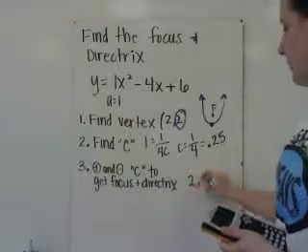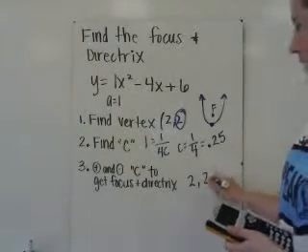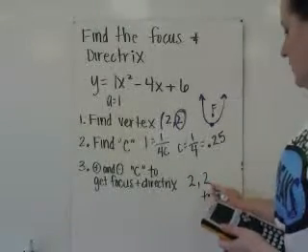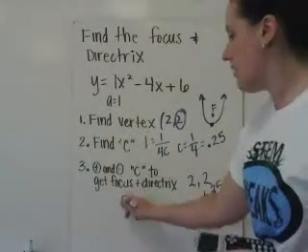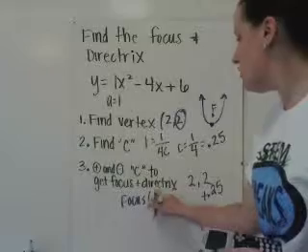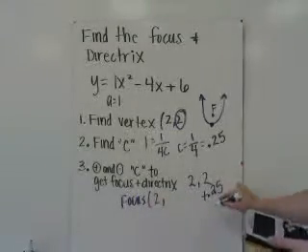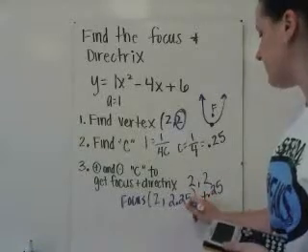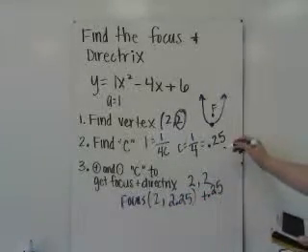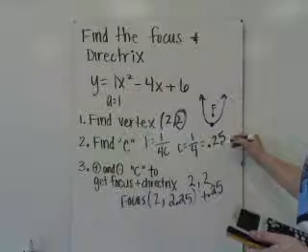So pretty much all I'm going to do is take my vertex. I'm going to add 0.25 to figure out what my focus is. So my focus would be (2, 2.25), since 2 plus 0.25 is 2.25. And my directrix is going to be 0.25 units below.